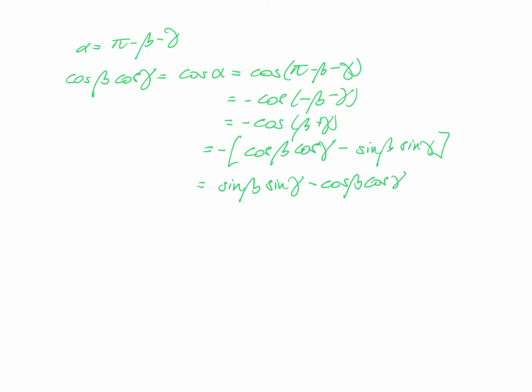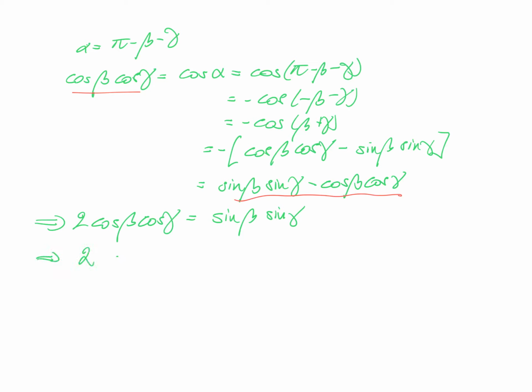What we now see in the equation here is that on the left hand side and the right hand side we have a multiplication of cosine beta and cosine gamma. So we bring those all to the same side. So when we rewrite, this gives me 2 times cosine beta times cosine gamma is equal to sine beta sine gamma, or if we divide out, 2 is equal to the tangent of beta times the tangent of gamma.